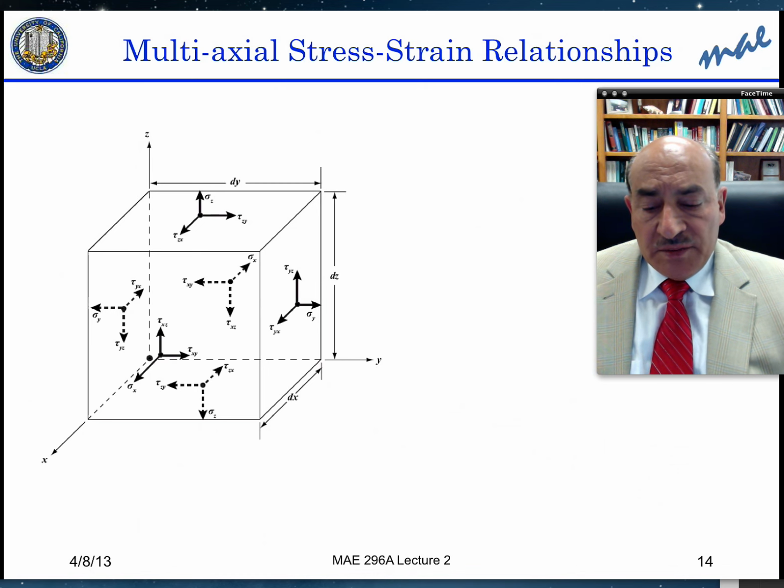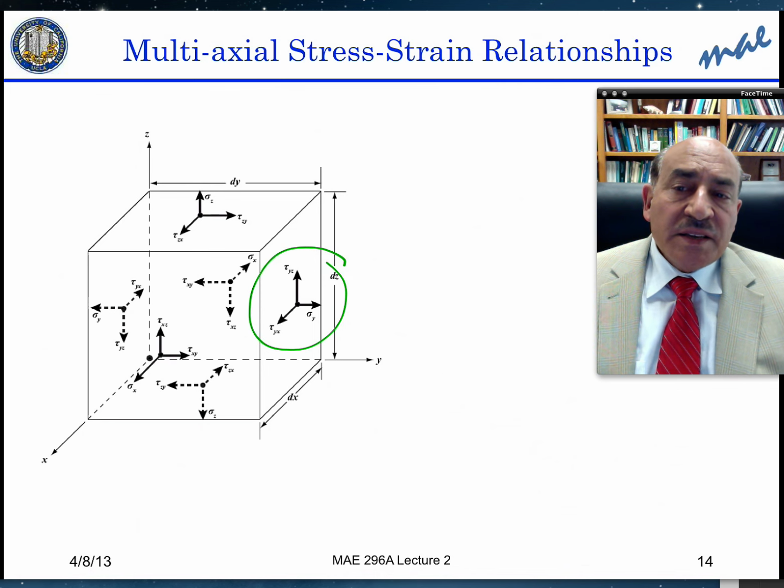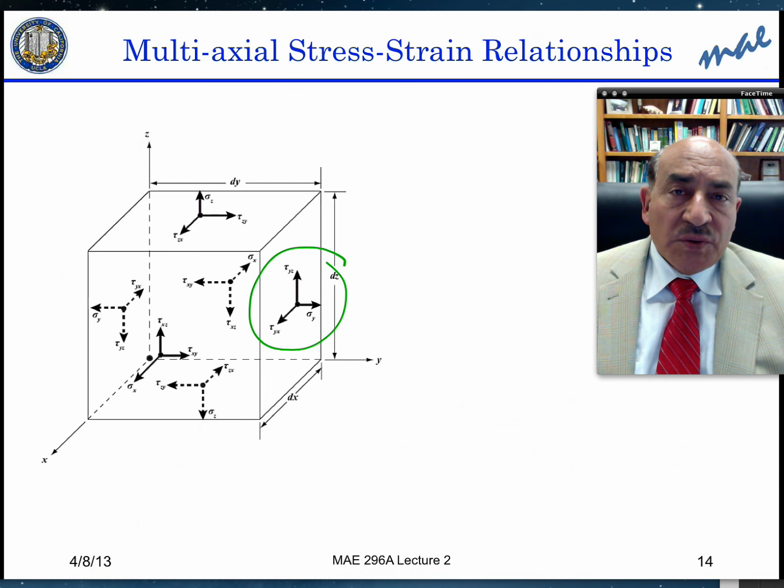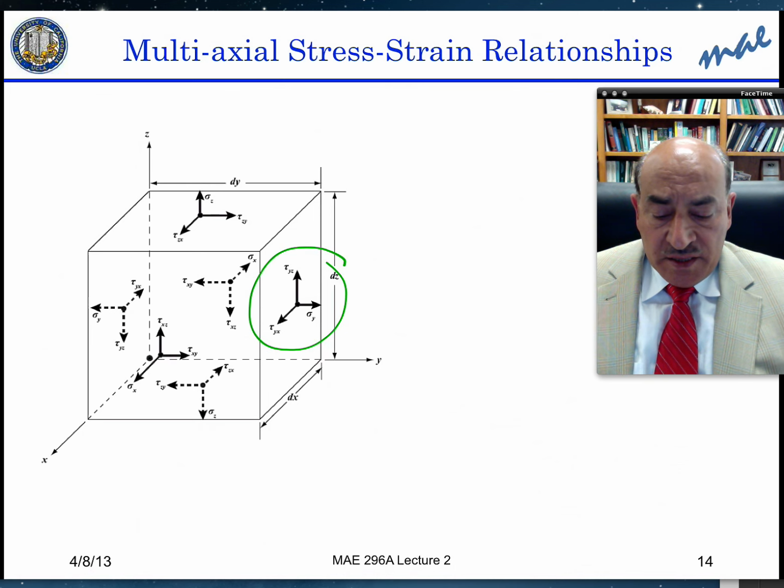So again, we emphasize here the stress state on each face. You always have three components of the stress: one is a normal component and two are shear components. We want to note that as a result of the torque equilibrium inside the material, tau xy is the same as tau yx.